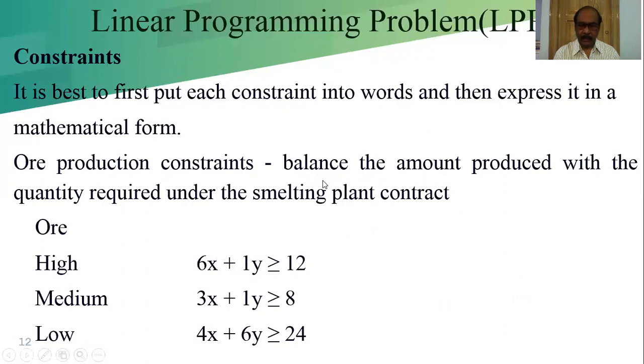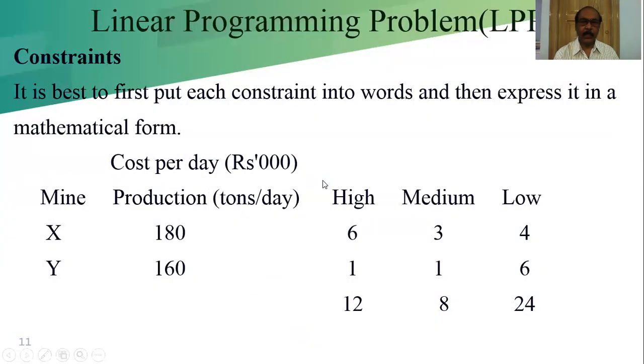The limitation is that minimum production should be 12 ton for the high, minimum production for the medium is 8 ton, minimum production is 24 ton for the low grade.